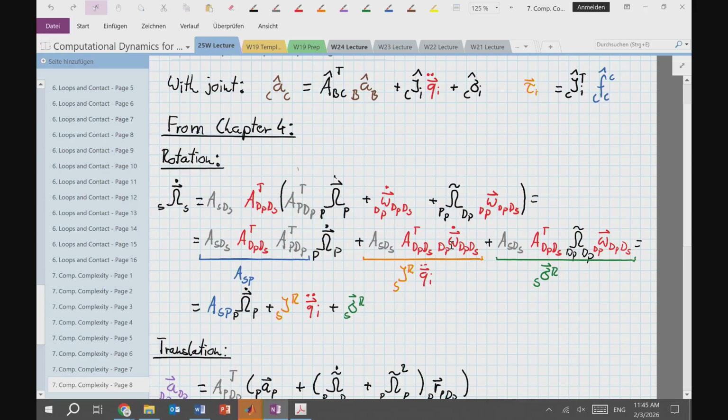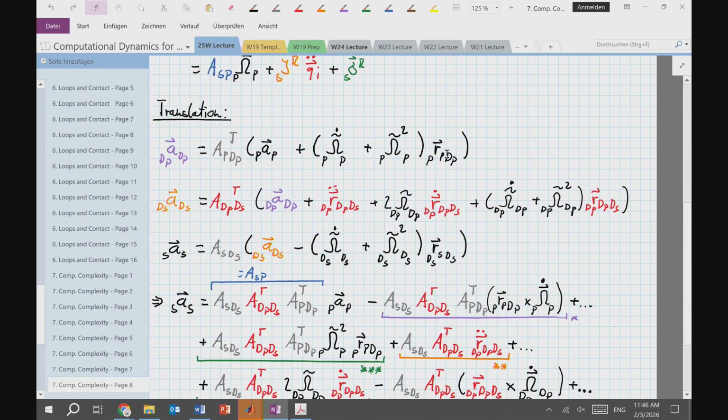The main point is that part is linear in our joint accelerations. And then I have stuff back here, which I marked in green, which only depends on velocities. So that is a pure bias acceleration. And for rotational velocities, you see this nice format that I have laid out here. Acceleration of some successor depends on the acceleration of a predecessor times some Jacobian, q double dot, plus some bias accelerations. For translational motion, this gets much more involved, so please don't try to follow this in detail.